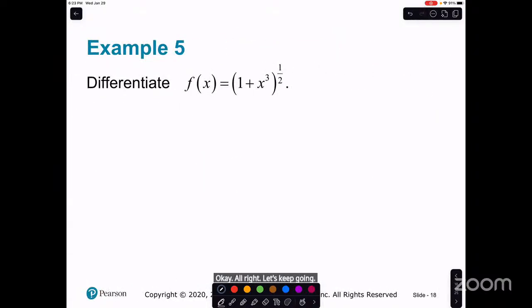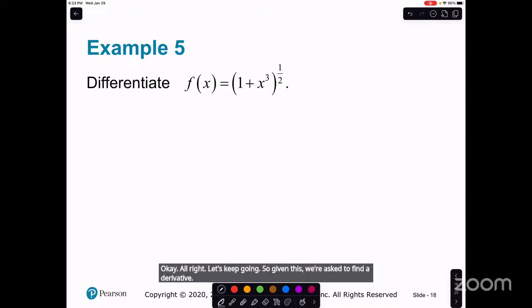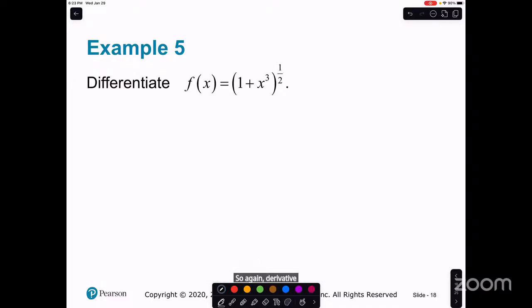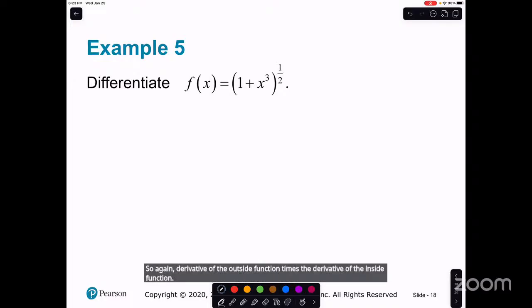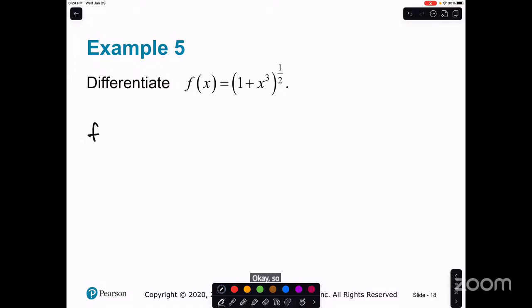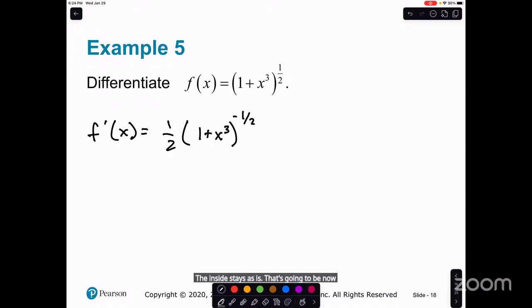So given this, we're asked to find a derivative. So again, derivative of the outside function times the derivative of the inside function. Okay? So then our f prime, the 1/2 comes down. The inside stays as is. That's going to now become a minus 1/2. We're going to say times the derivative of the inside function.